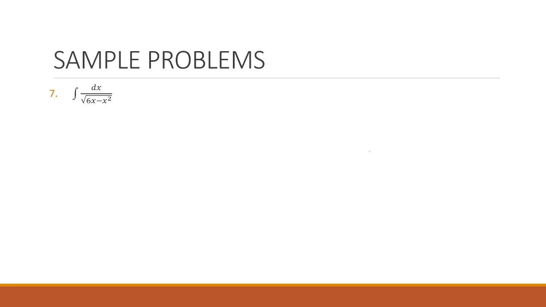So, what we can do here is try to complete the square. Okay? Kasi if we, for example, if we just apply direct u sub, u equals 6x minus x squared, no, baka kasi pwede lang mag-power rule, no? So, let's try u equals, so this will give us 6 minus 2x dx.